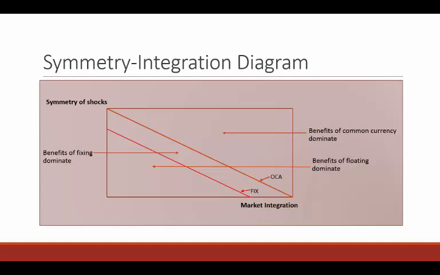The extreme form of that regime would be a currency union, which would now be optimal if both symmetry of shocks and market integration were still much higher, resulting in a country finding itself above the orange OCA line. In such a situation, the benefits of a common currency now dominate any costs, as stability costs are minimized from greater symmetry between the country and the other countries it has dealings with.